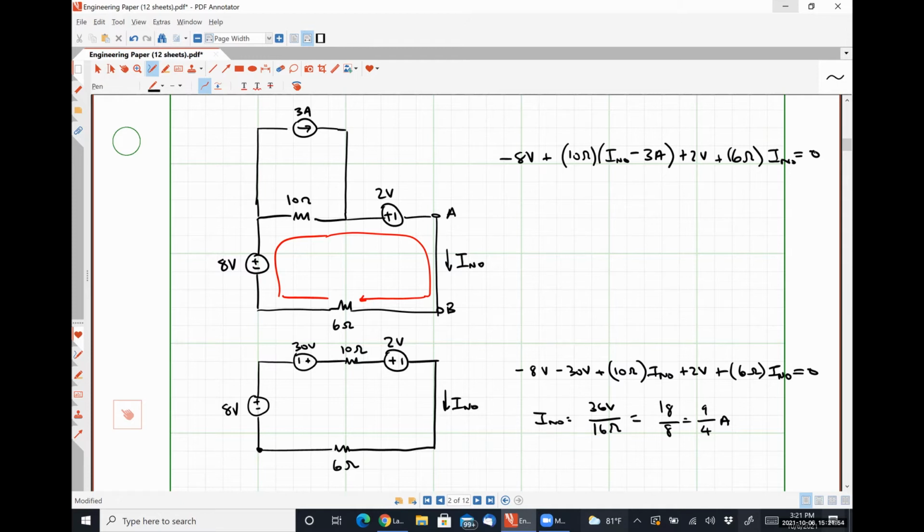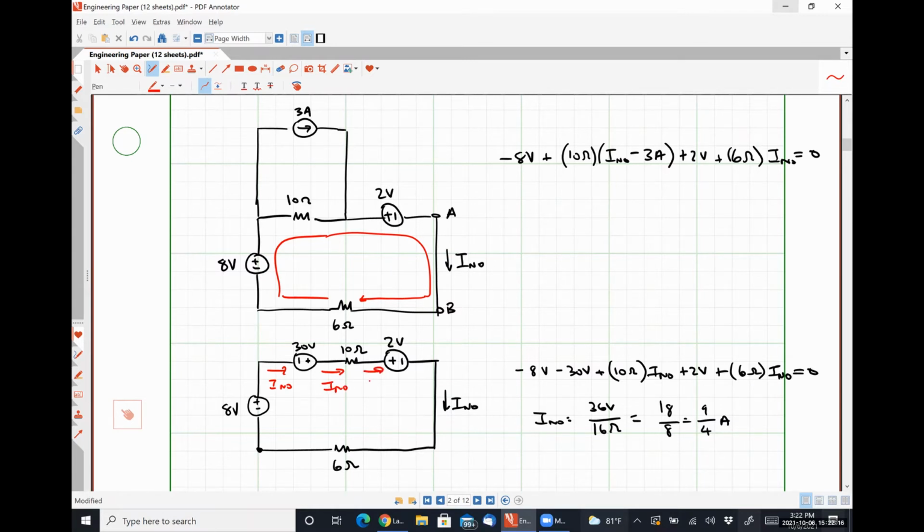An alternative definition for things to be in series is that they're carrying the same current, right? That comes from Kirchhoff's current law. So if we think about it, this current I Norton is flowing through the 30-volt source. That same current is going to flow through the 10 ohm resistor.